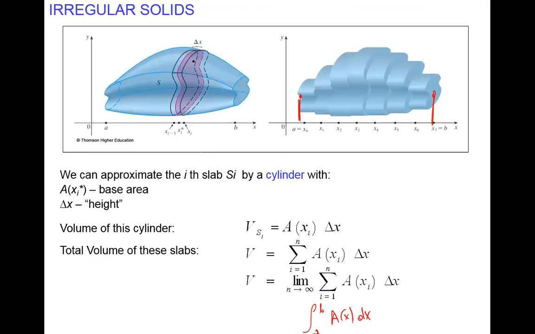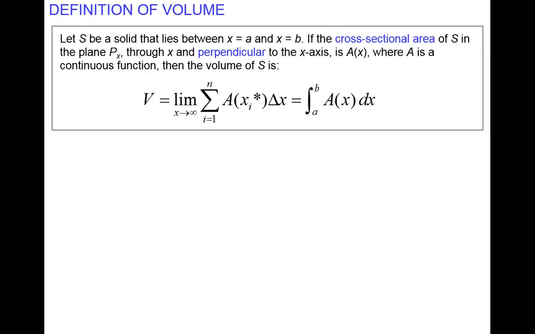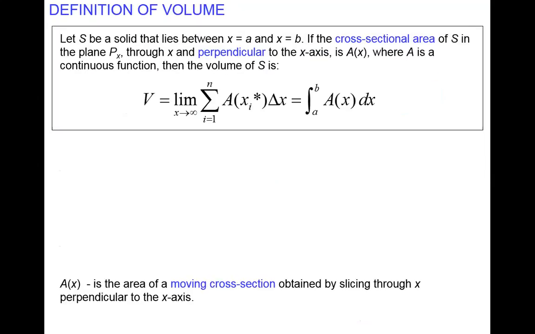Hopefully the pink shape questions will be better than this one because this one is too fancy. To find the volume, we integrate the cross-sectional area with respect to x from A to B.